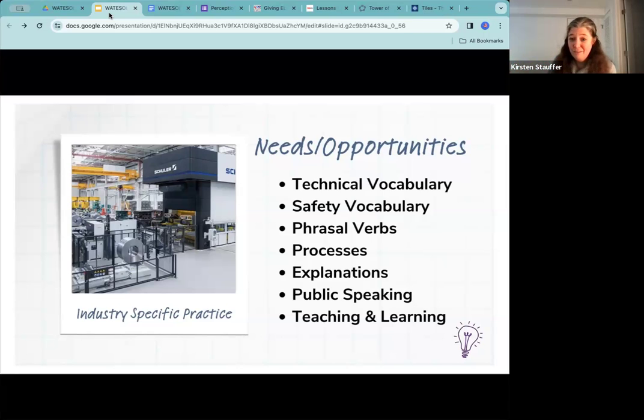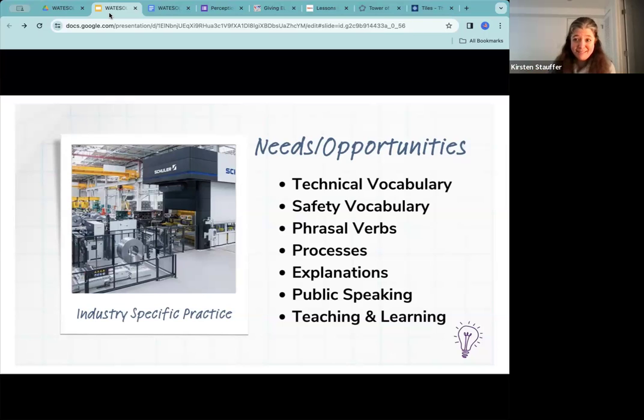So we got into a lot of really technical vocabulary, a lot of safety vocabulary. Phrasal verbs were huge, but processes, explanations, public speaking was huge with this, and teaching and learning.